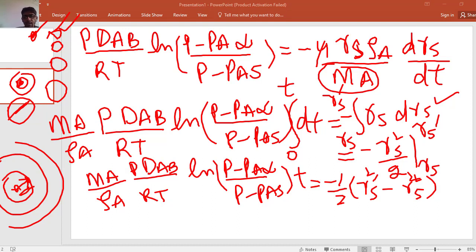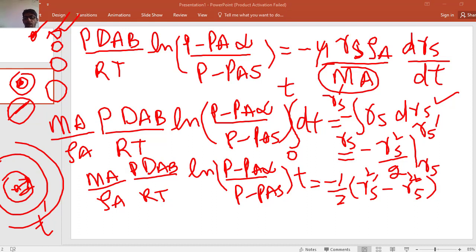In this case, when the water droplet completely evaporates, the time will be equal to T dash. Suppose when the water droplet completely evaporated, it completely evaporated in the time T dash. And when it completely evaporates, its radius will completely disappear.